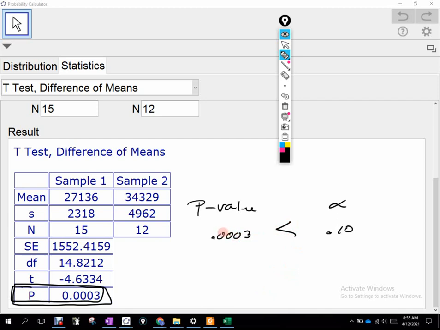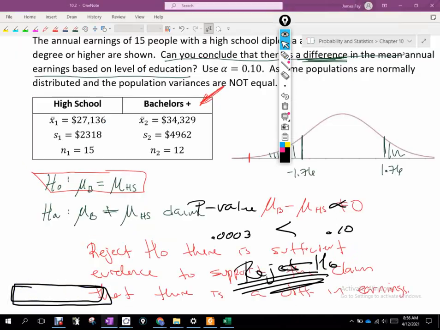What do I do when p-value is less than alpha? You reject. I get the same result, that I reject the null hypothesis, and I didn't have to do all of this work with finding the critical values. Does that make sense?